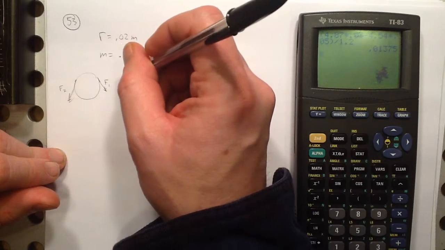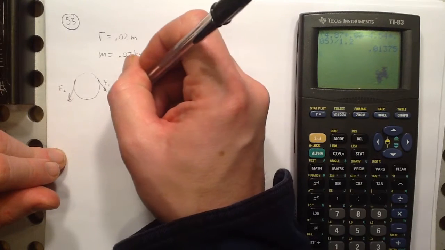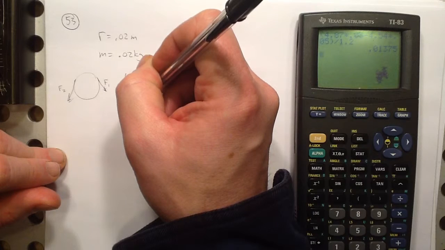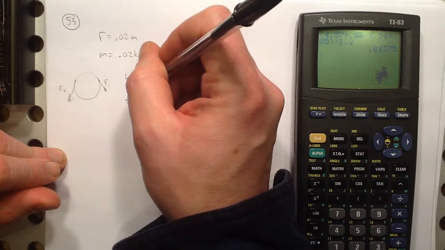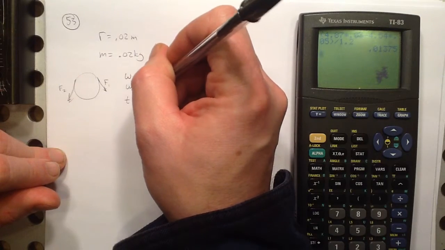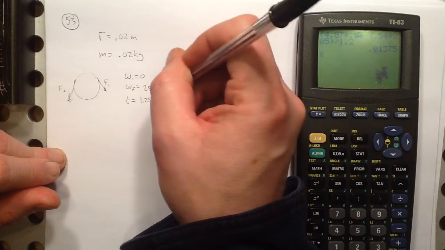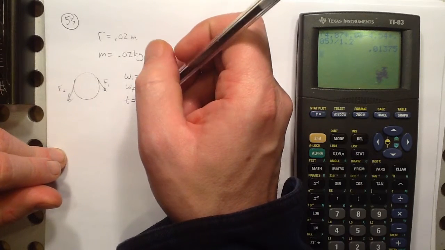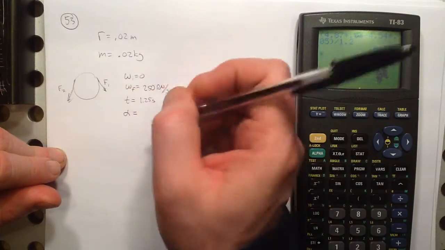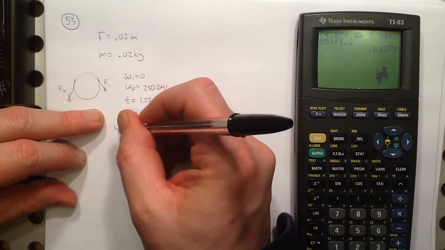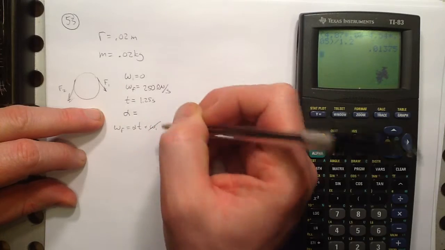So they say it's starting from rest, and then at 1.25 seconds later, it's going to have an angular velocity of 250 radians per second. Right. So that means the angular acceleration, you can set up that equation. The initial is just 0.